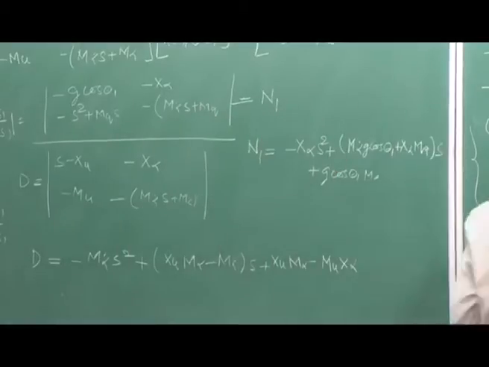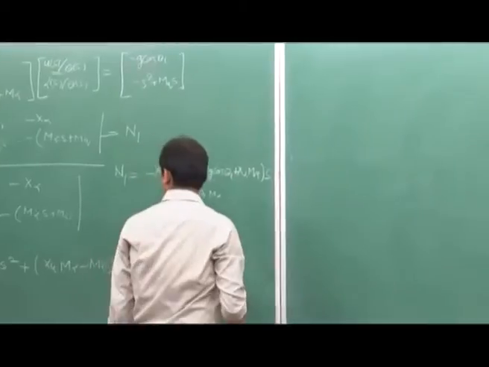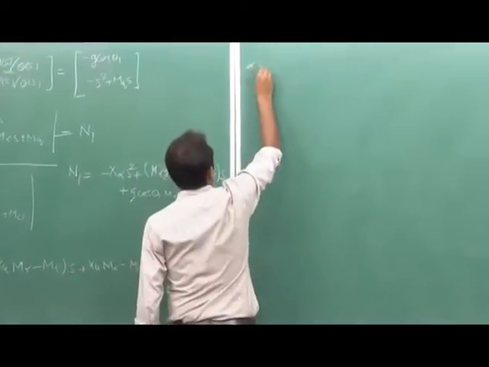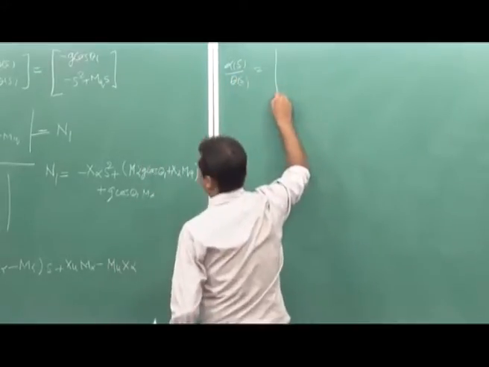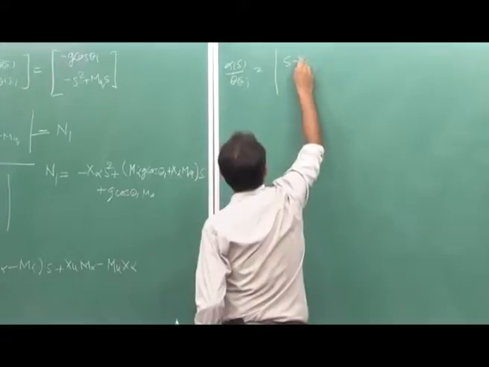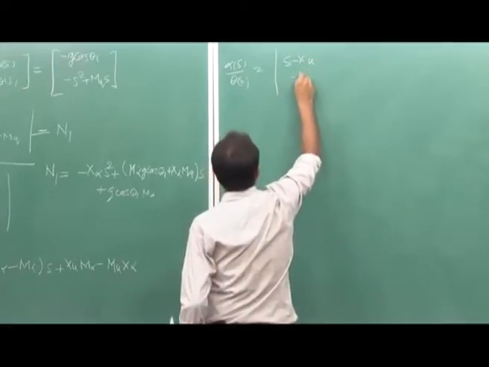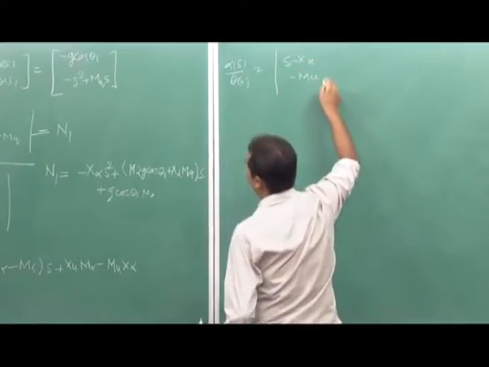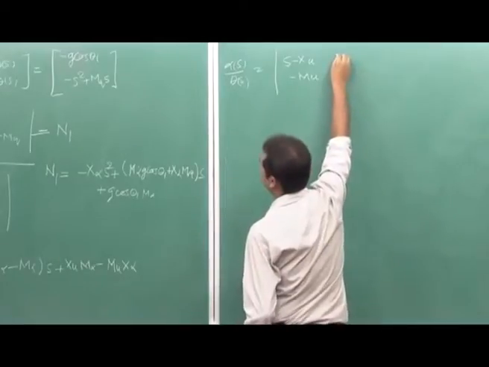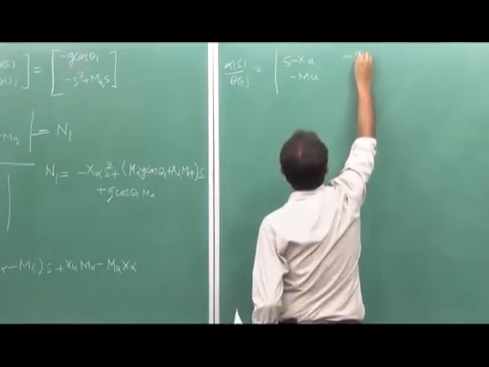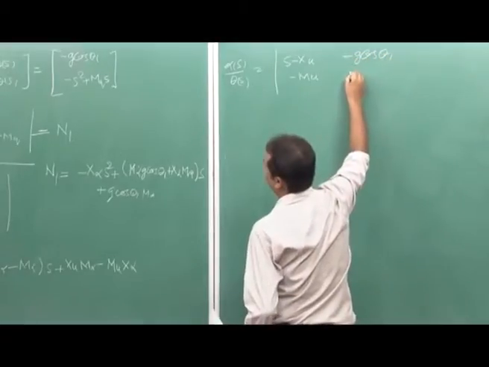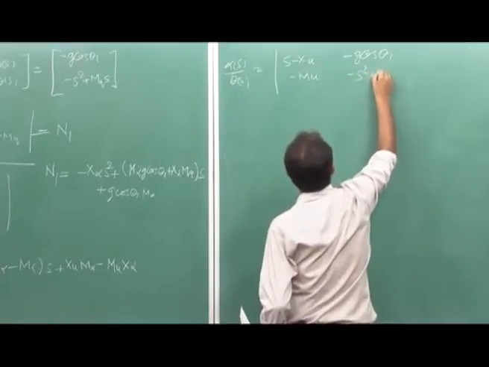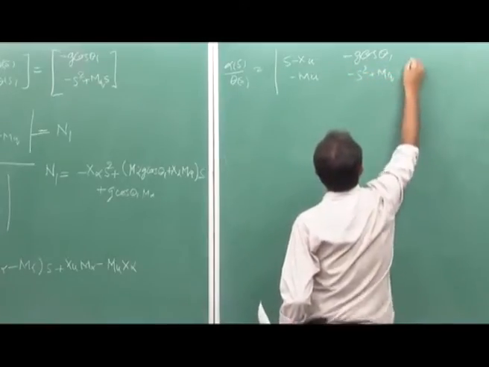Similarly, you can derive the numerator for alpha of s upon theta of s, which will be the determinant of s minus xu, minus mu, and replacing the second column by your matrix minus g cos theta 1 and minus s square plus mq s.